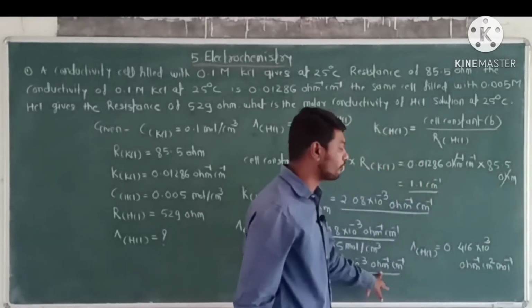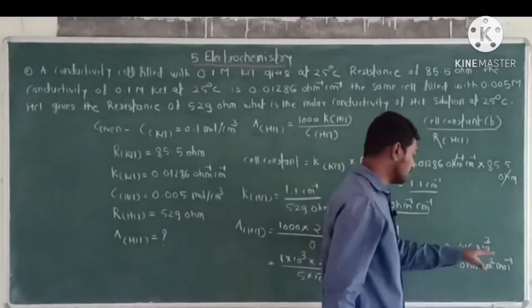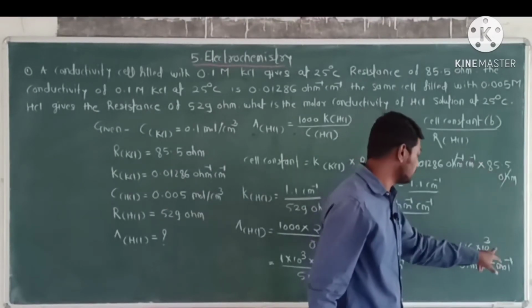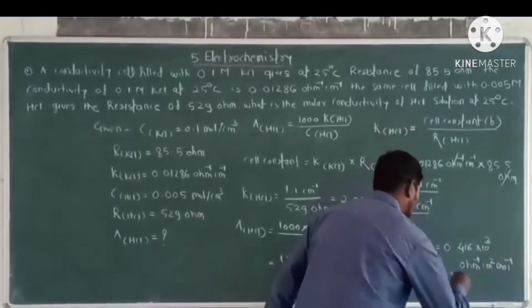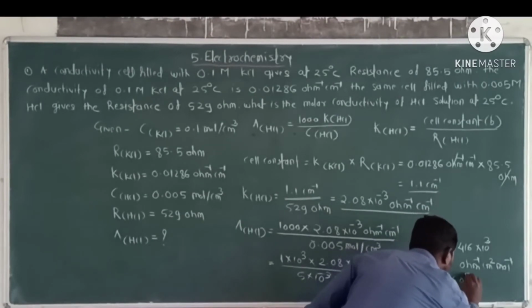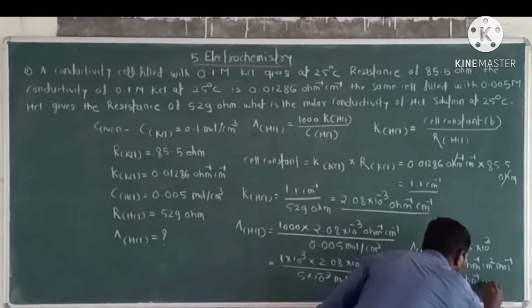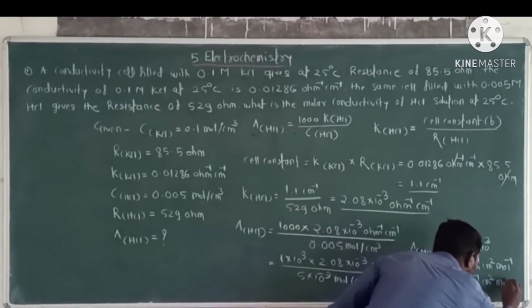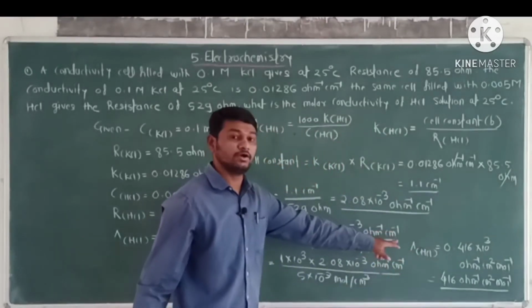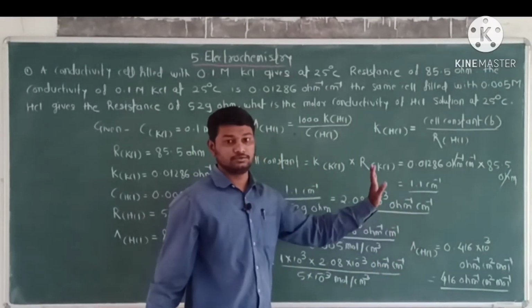Okay, and for the final answer, multiply this value by 1000, that is 10 raised to 3. We get the final answer, that is 416 per ohm centimeter square per mole. This is the molar conductivity of HCl solution.